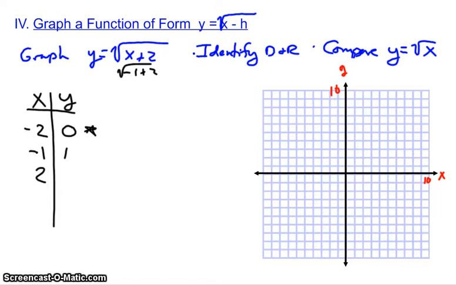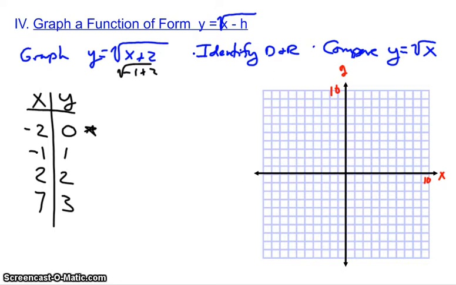If we plug in 2, we get square root of 4, which is 2. And the next number that would make a perfect square in that radical is 7. The square root of 7 plus 2 is the square root of 9, which is 3. And this is the principal root, because there is no negative outside of that radical.